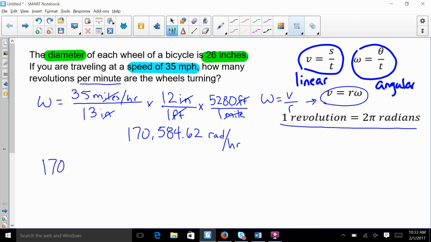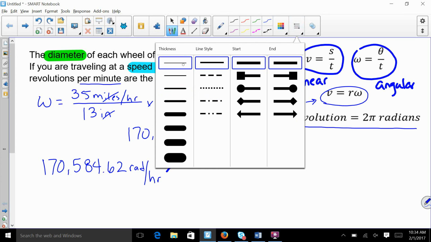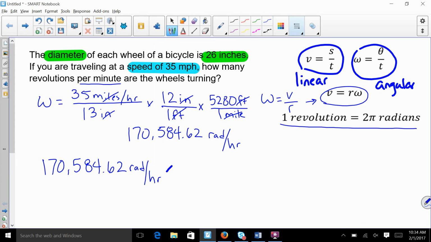So 170,584.62 radians per hour, I'm going to multiply that times, well, let's see, we know that 1 hour has 60 minutes.